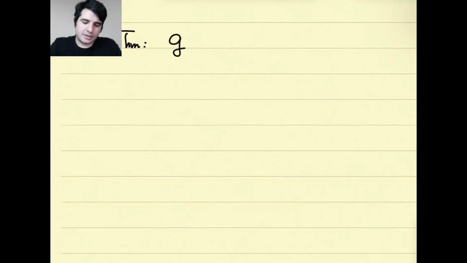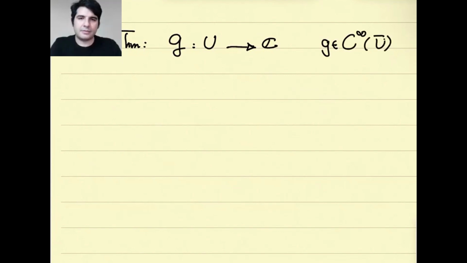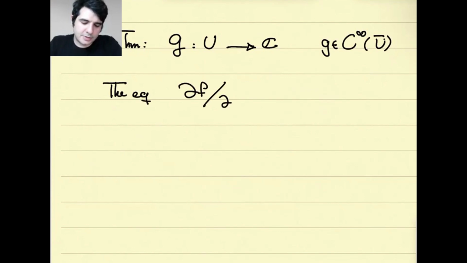So g was given, g was a map from U to C. Let's say g is smooth. Let's say it has a bounded extension to the boundary. We were considering the equation derivative of f with respect to z bar equals g. We were wondering if it has a solution or not. Everything we did helped us to guess what the solution must be.